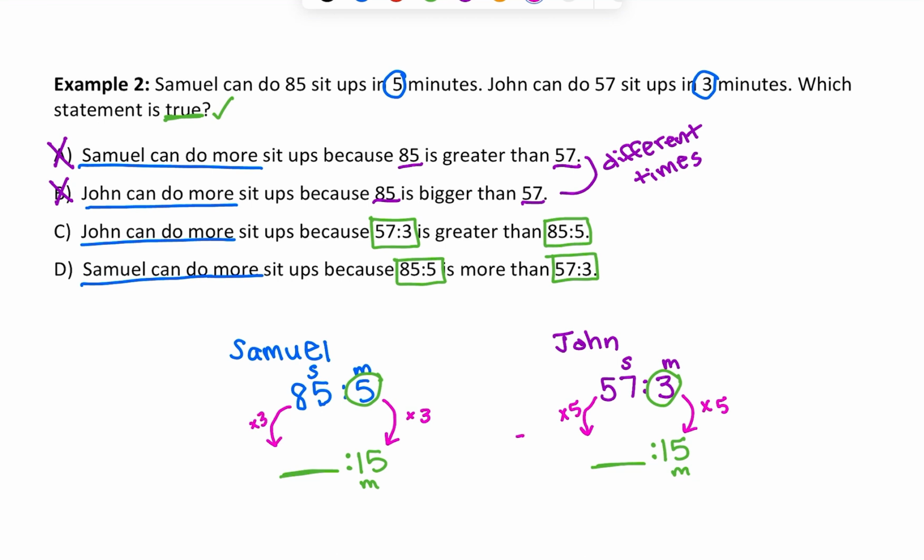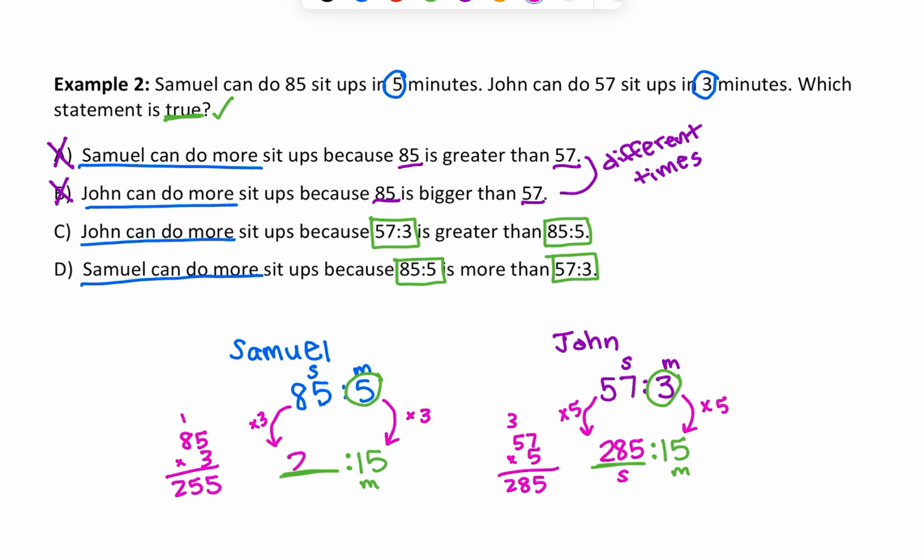So I'm going to solve that. 57 times 5. I cannot do that in my head. So 35, 25 plus 3 is 28. So he can do 285 sit-ups in 15 minutes. Now let's solve for Samuel. 85 times 3: 5 times 3 would be 15, 8 times 3 is 24, plus 1 would be 25.